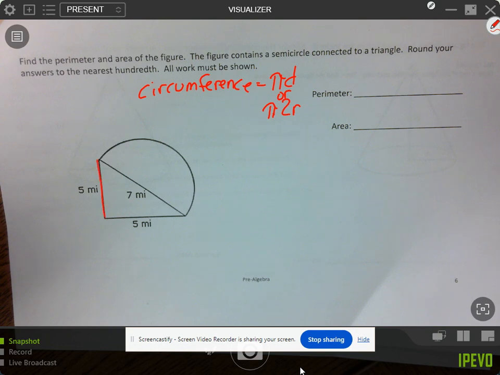To find the perimeter of our triangle, you add up the outside. To find the area of a circle, it is pi times r squared. Remembering it is a half circle, so you divide it by 2. To find the area of the triangle, remember, triangle is just half of a square.